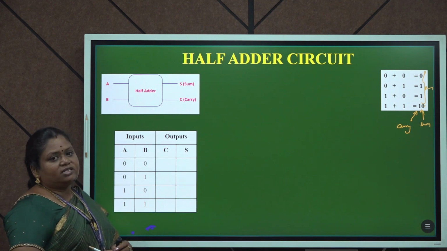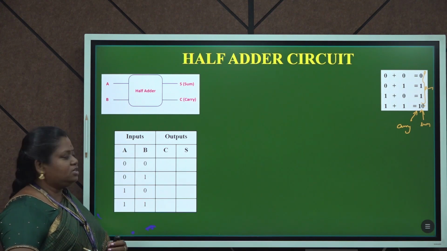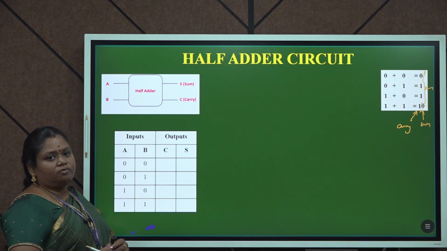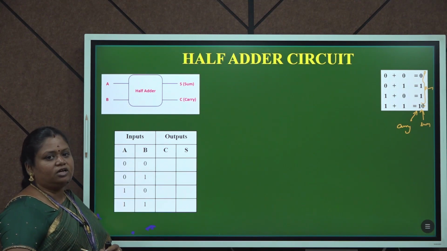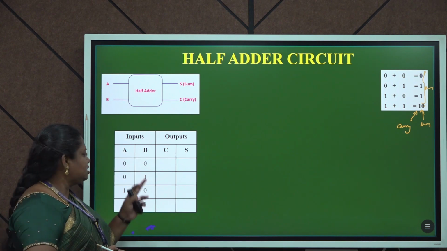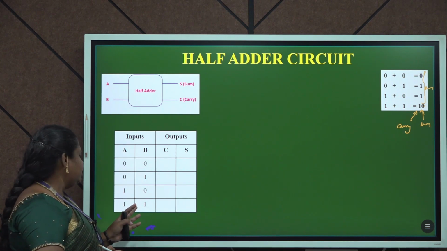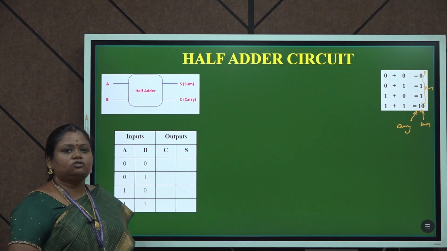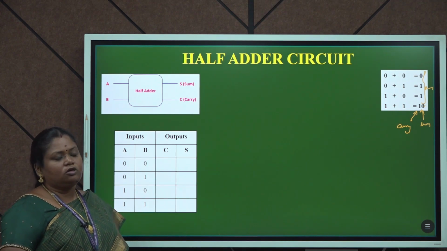Now we have to pass all the input terms here. Since 2 variables have been assigned, we are going to consider 2 power 2, which is equivalent to 4 different combinations: 0 0, 0 1, 1 0 and 1 1. We are going to fill the truth table using this addition rule.